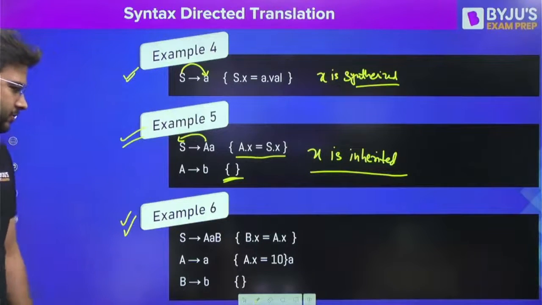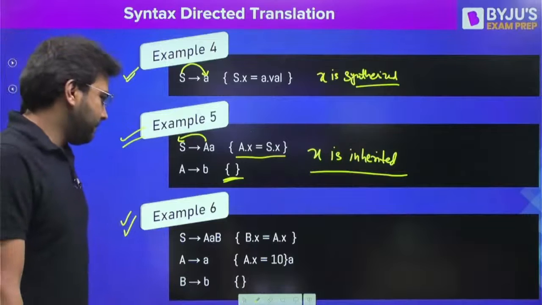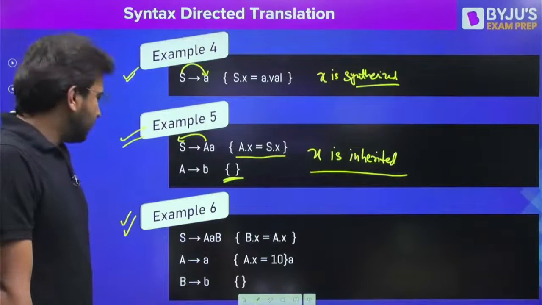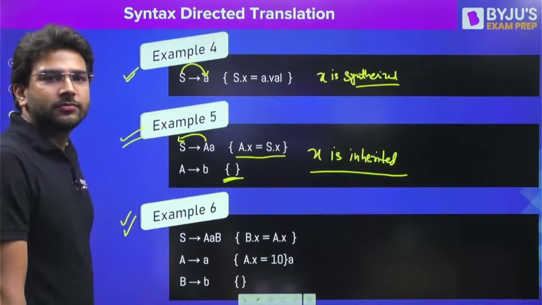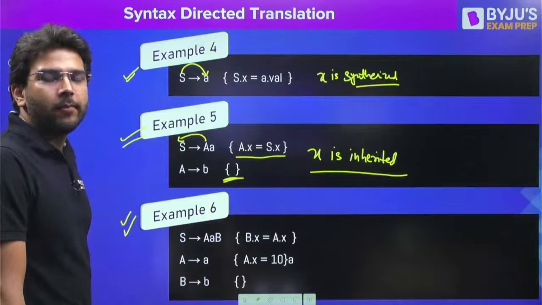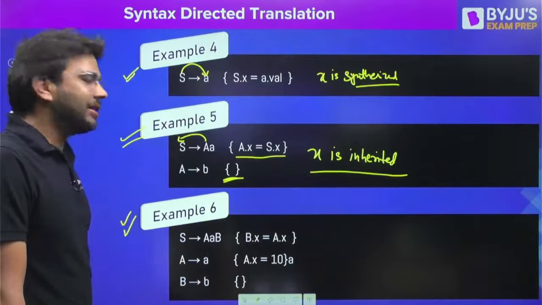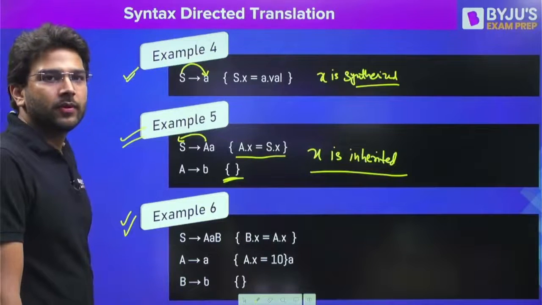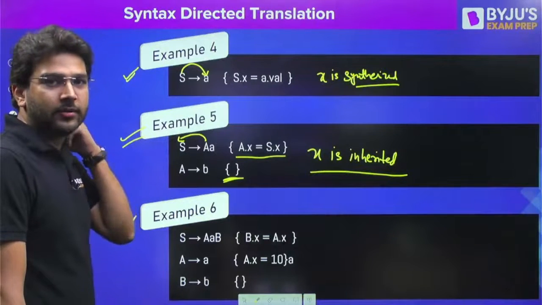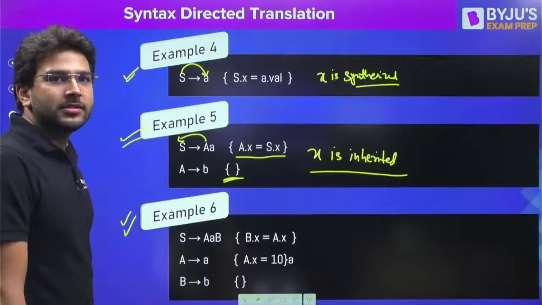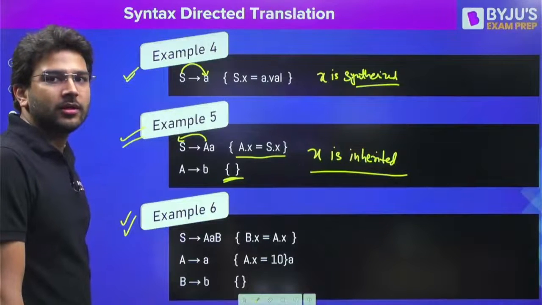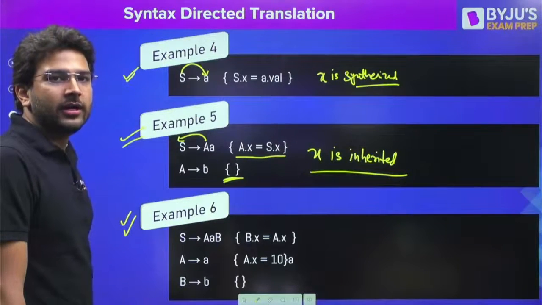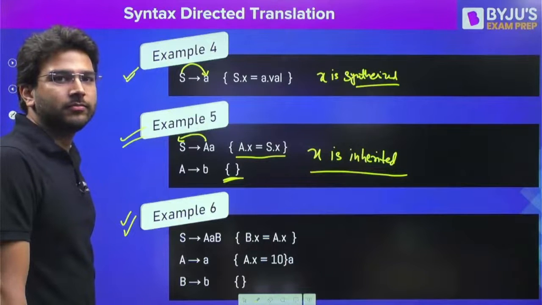What about this one? Example number 6. What do you think? Yes, that is correct, Kirutika. Example 5 is correct. What about 6th one? B is taking the value from A, and A dot x is equal to 10.